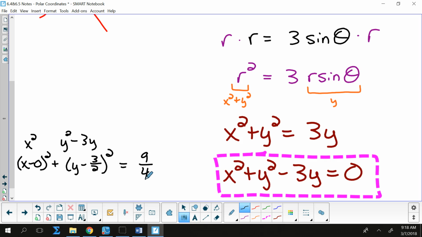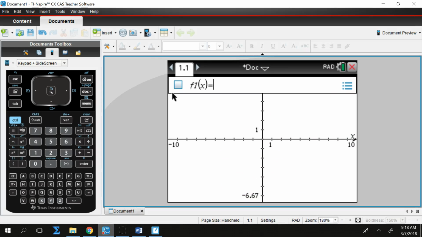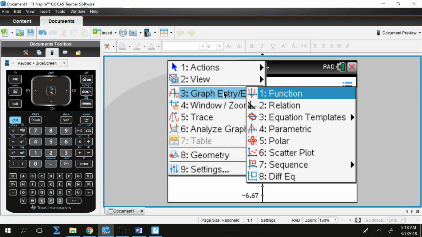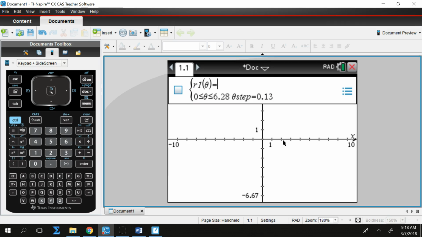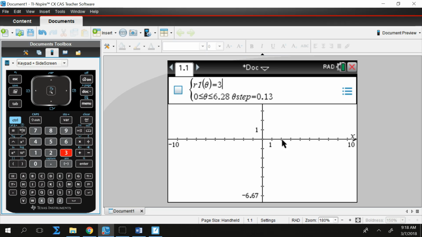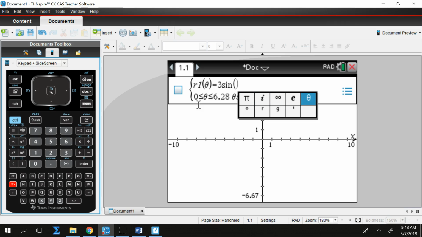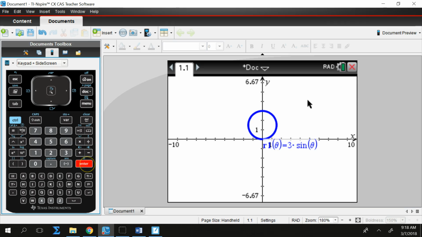And that is the equation of a circle with center at 0, 3/2, and a radius of 3/2. So on my graph, r equals 3 times the sine of theta gets me there.